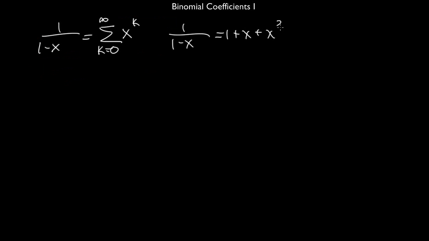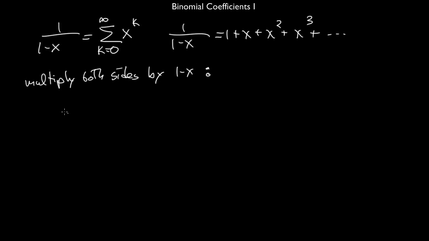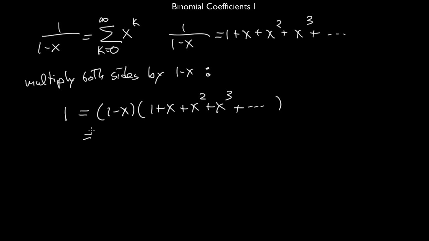Here's another way to see this formula. I'm claiming that 1 over 1 minus x is this infinite sum. So let's multiply both sides of this equation by 1 minus x. So I'm claiming that 1 is equal to 1 minus x times this infinite power series. And let's multiply the right-hand side out. What do you get? You multiply 1 by 1, you get 1.